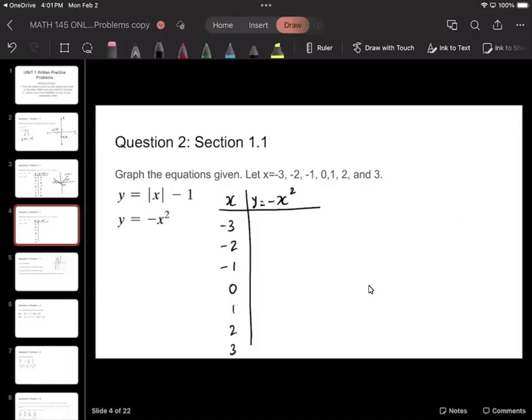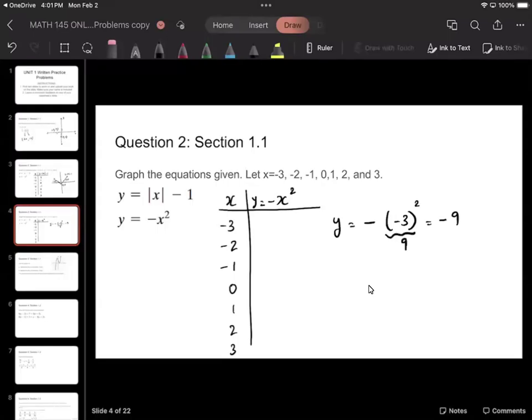So plug in. First, use your order of operations. The negative is outside, and this is what you have. And -3 squared, any number when squared becomes positive. So this becomes -9, right? Because the negative is outside. So this becomes 9, and negative of 9 is -9.